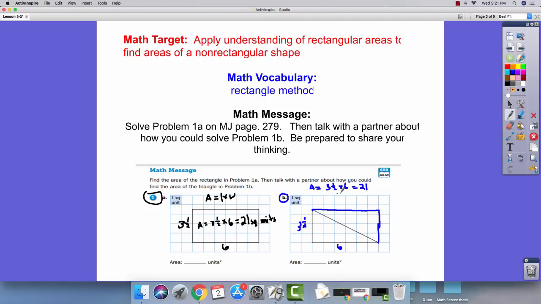So pause the video, make sure you have that written down in your journal. Now let's look at this. Well, we know the area of this triangle can't possibly be 21. But how can we figure it out?